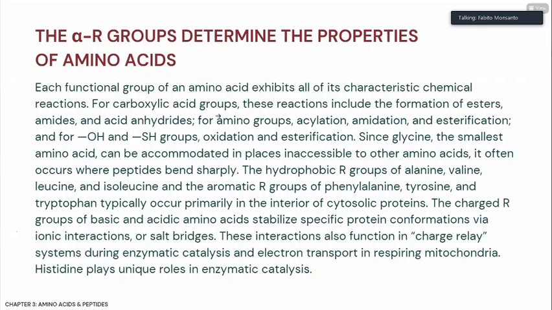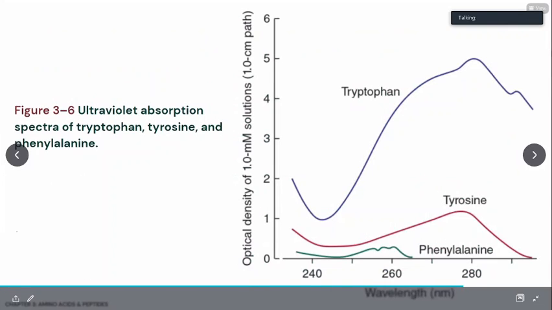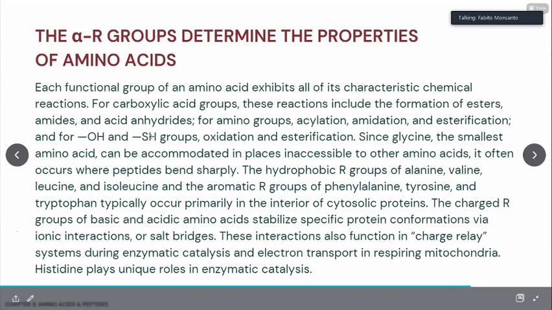So it gives you characteristic chemical reactions. Carboxylic acid groups are for the formation of esters, amides, and acid anhydrides. The amino group has acylation, amidation, esterification. And for OH, and the thiol group, there is oxidation and esterification.